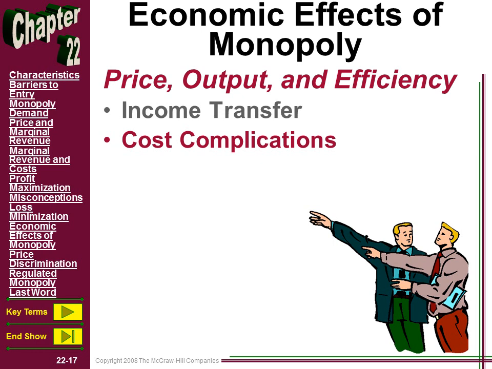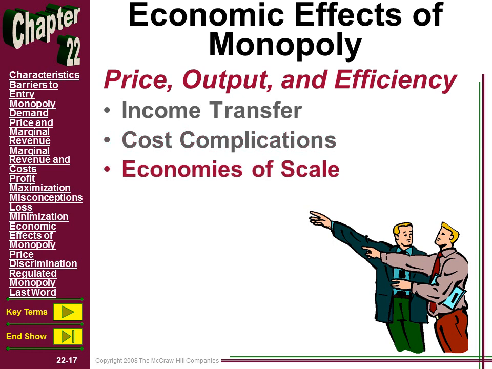An efficiency loss. We also believe that there's an income transfer. And by income transfer, we mean an income transfer from those who purchase the product or service to the company who's selling it, right? But it's not always as straightforward as it may seem, right?